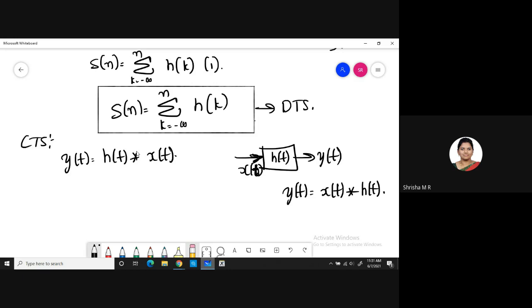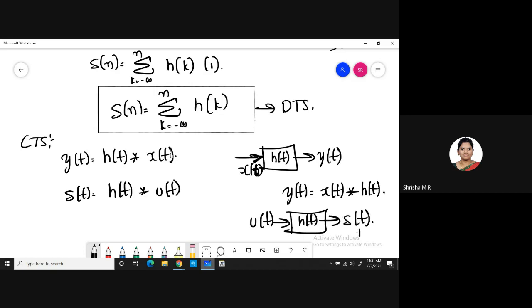So what is step response? Step response S of t is what you get when x of t is replaced with unit step u of t. If you give a unit step signal to the LTI system having impulse response h of t, then you will get S of t, where S of t is your step response. u of t is unit step.